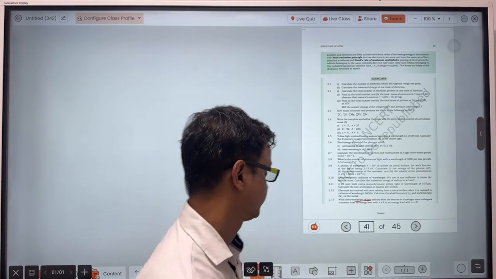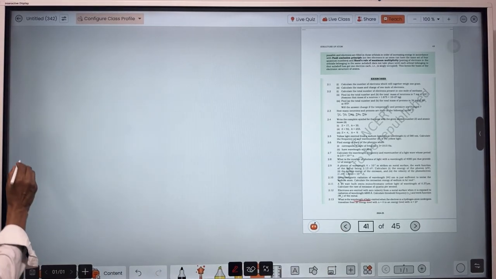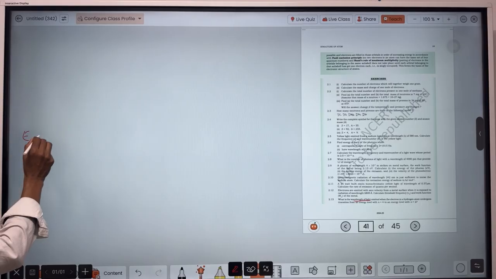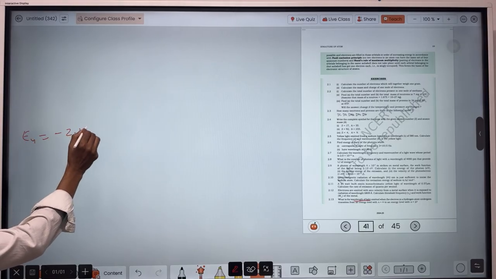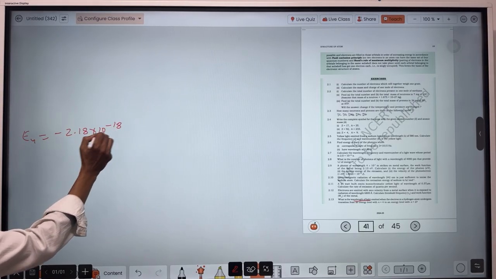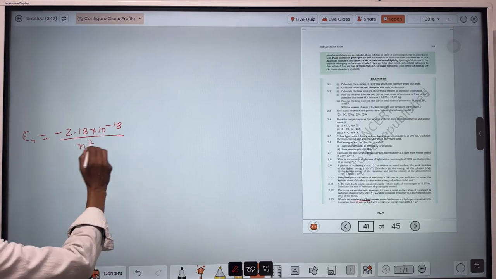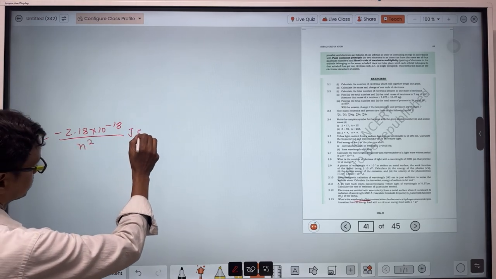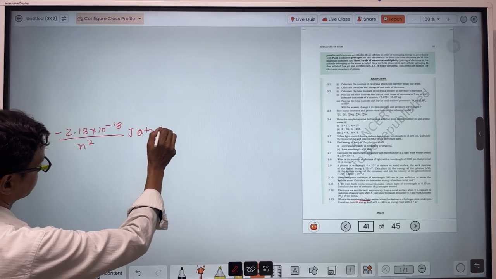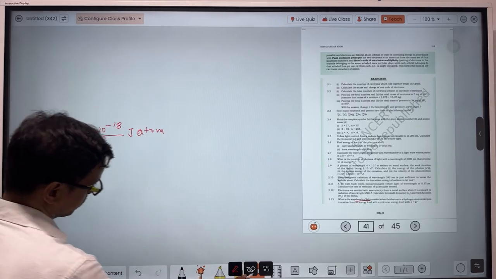So when the electron is present in the fourth shell, the energy is the value you know already, in joules per atom. That means I am calculating for one atom only.